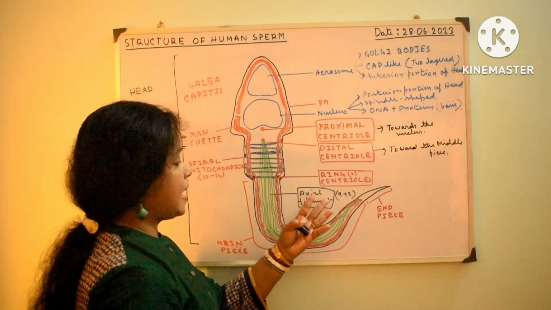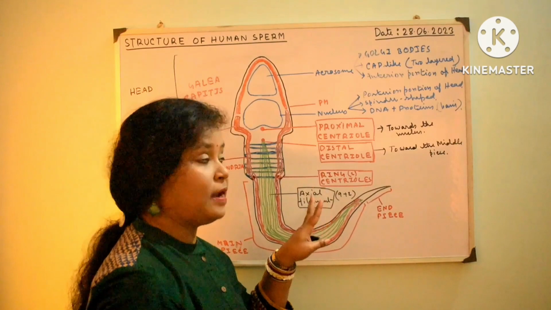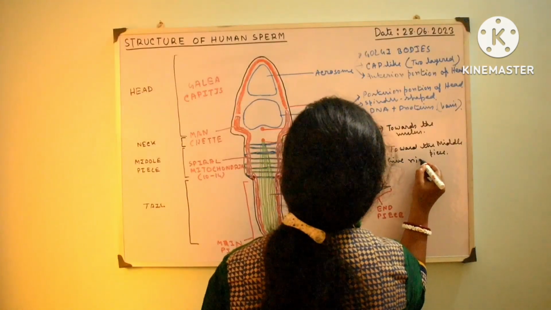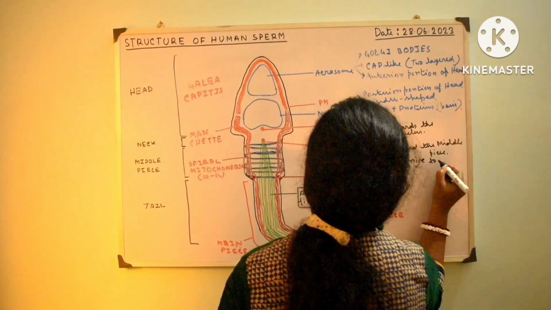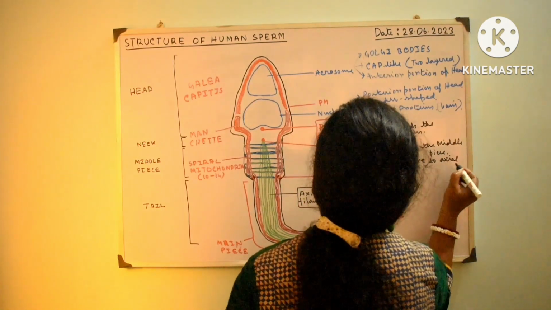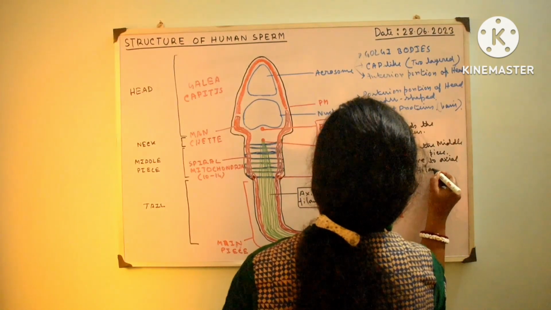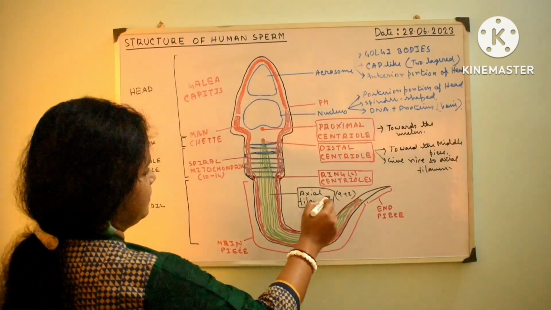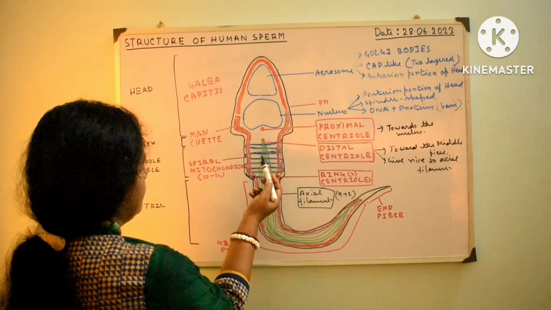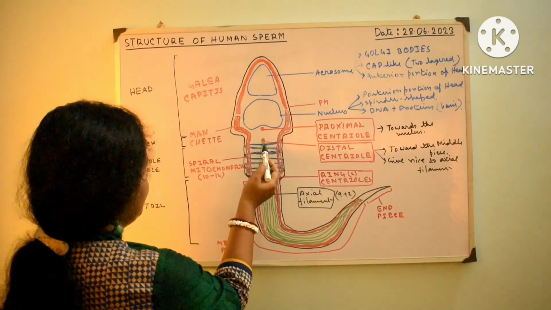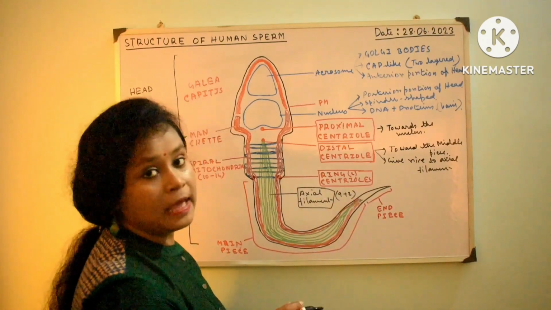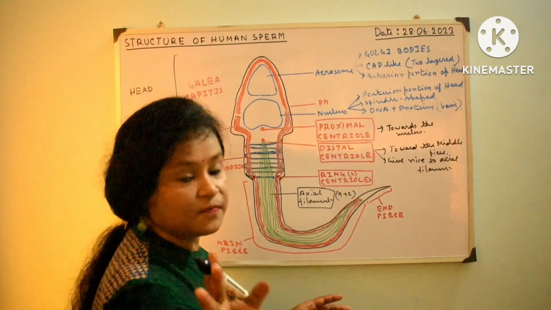The axial filament will continue from this middle piece region to the main piece region of the tail of the human sperm.